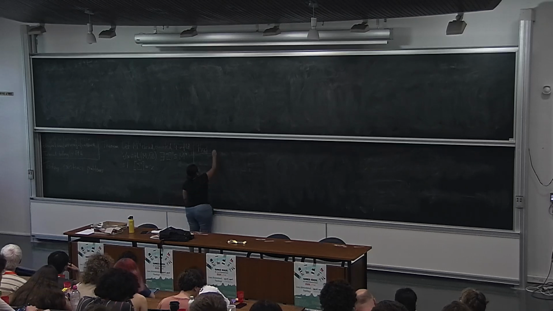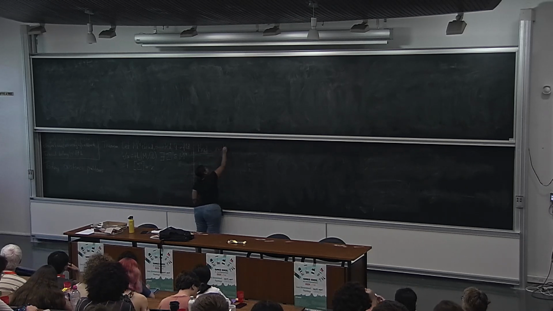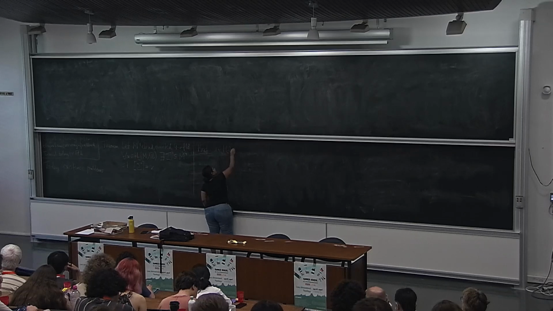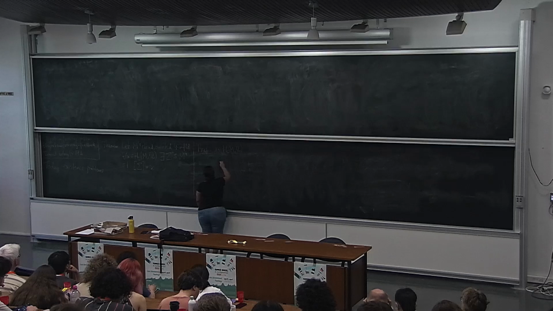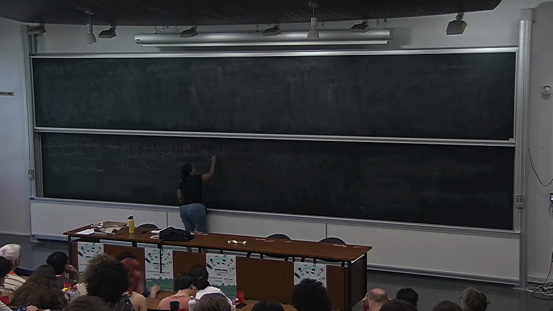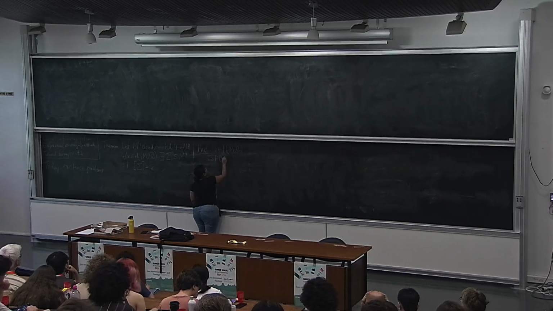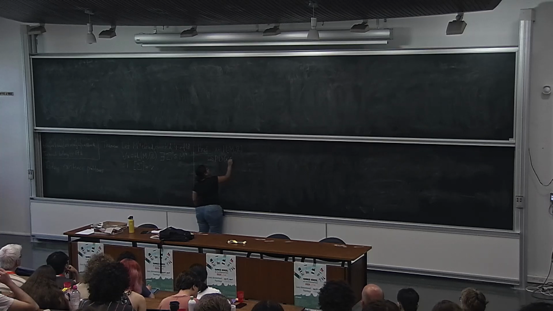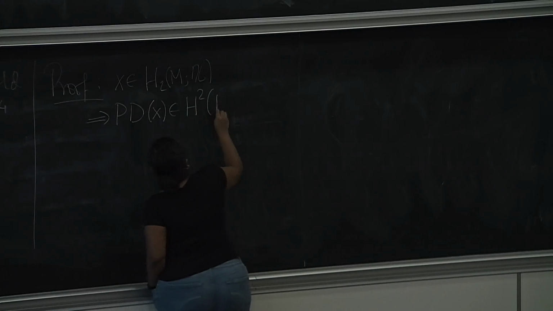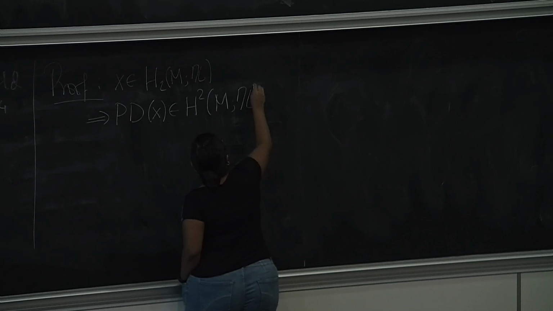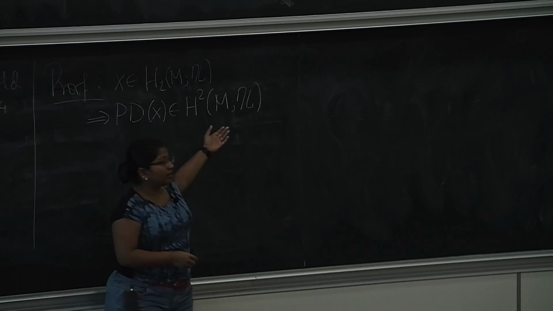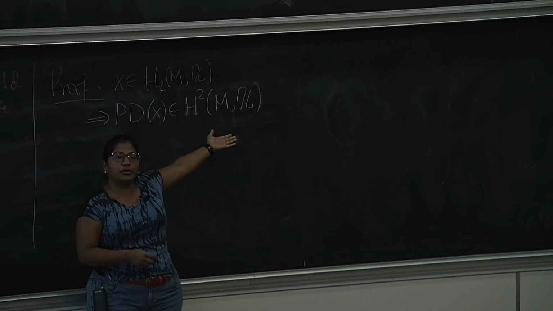So you have x in H_2. Here's the one case where orientability will come in for us. I'll use Poincaré duality and see that the Poincaré dual of x is a class in H^2. Now we need a fact from algebraic topology.